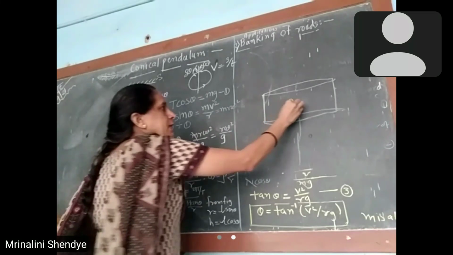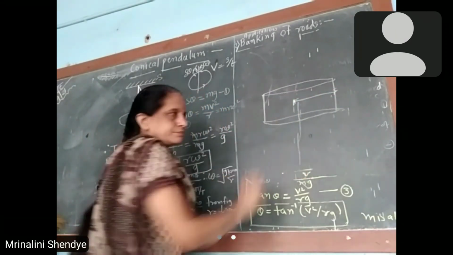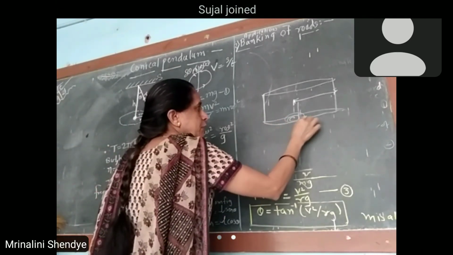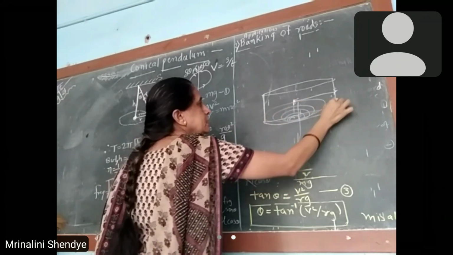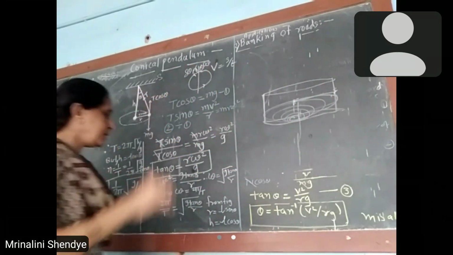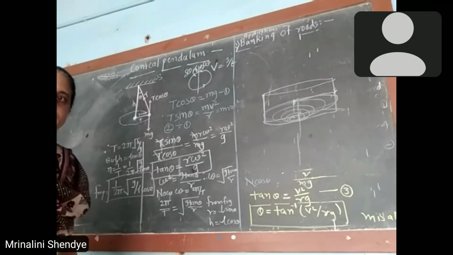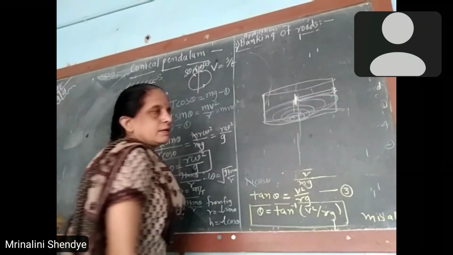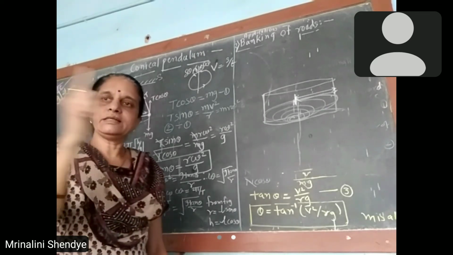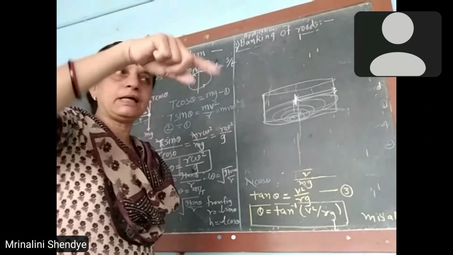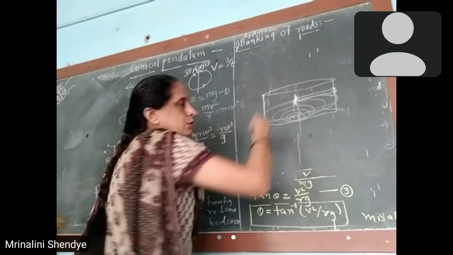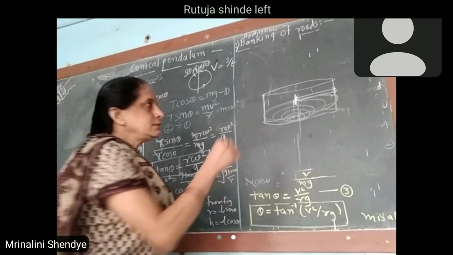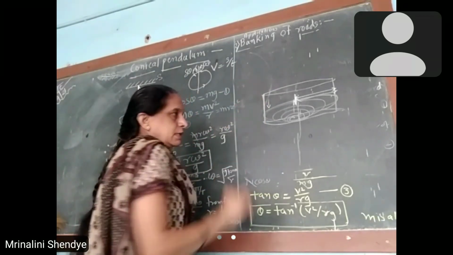The forces act towards the center. So in this case, sufficient force is required for the vehicle, directed towards the center. Whenever a vehicle is moving along a curved path, it is nothing but circular motion, and along with that circular motion, we can see the speed limit also applies.